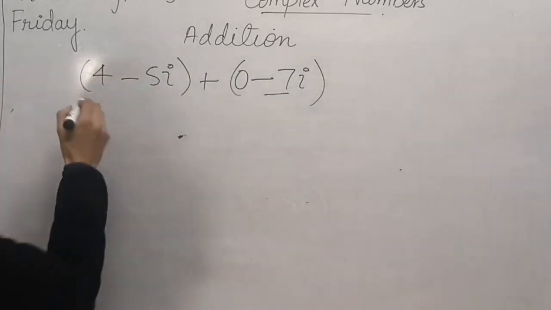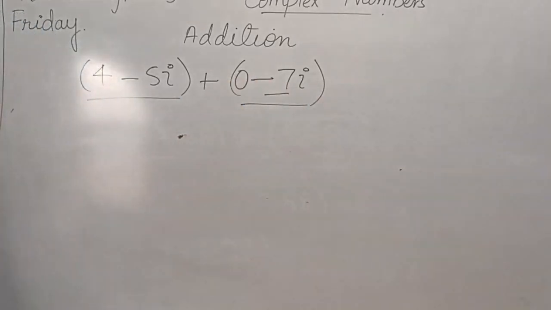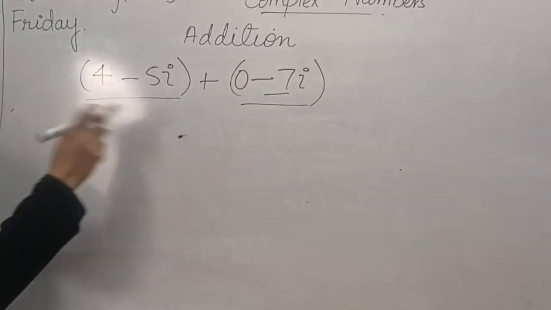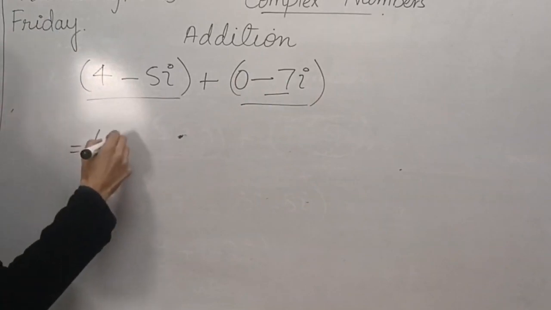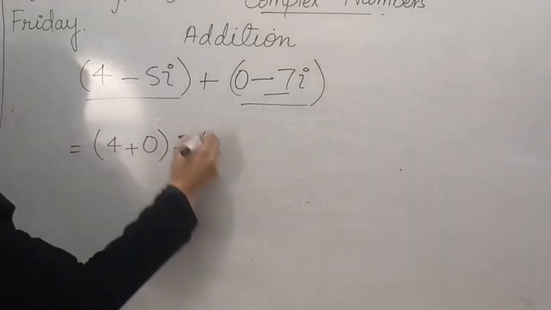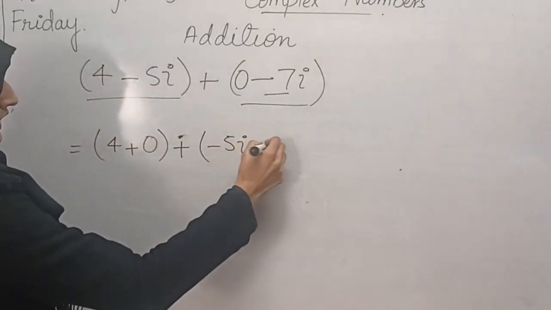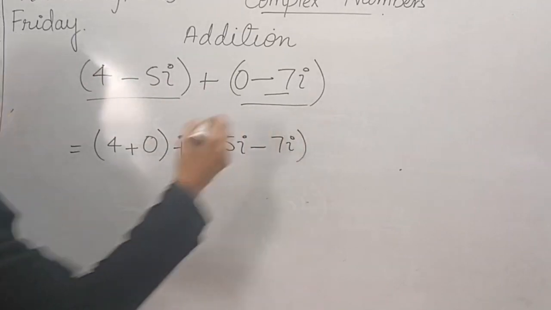This is a whole complex number. This is another complex number. So when we want to add these two complex numbers, we will add their real parts, 4 and 0, plus their imaginary parts, minus 5 iota and minus 7 iota.